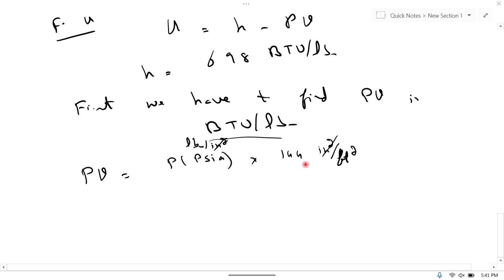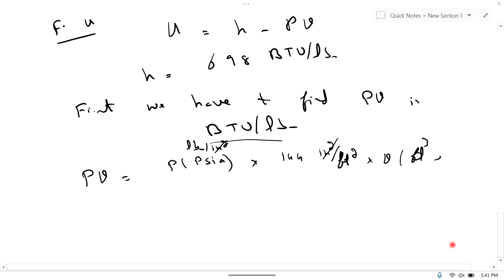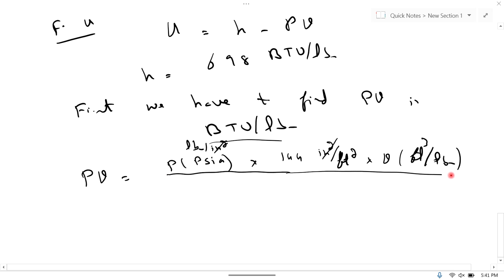Now after multiplying by 144, and volume is in feet cube per pound mass, but there is no term BTU involved, so to convert this into BTU per pound mass, divide by 778.169 feet multiplied by pound mass divided by BTU.